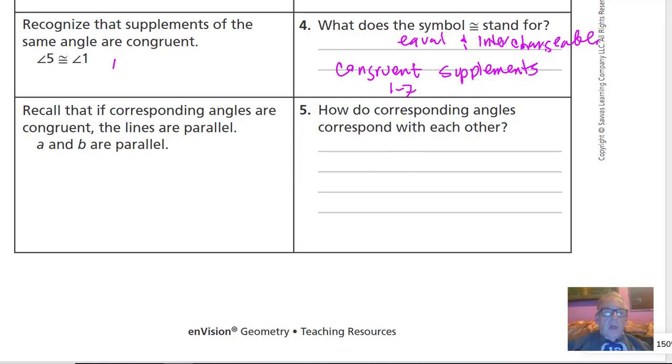So corresponding angles are same side of the transversal, same side of the lines crossed.